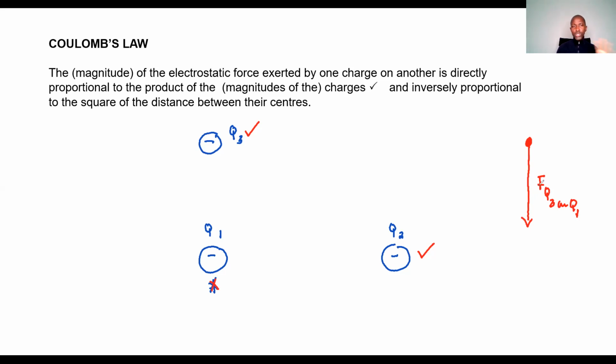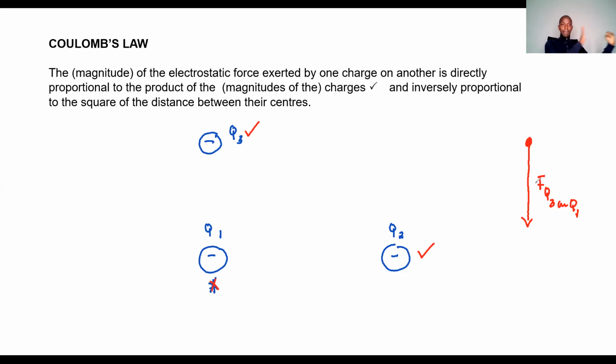But the forces don't only stop with what Q3 does to Q1. There's also the force that Q2 is exerting on Q1. That force is repulsive. Both charges are like charges. So let's look at this. This is Q1, and this is Q2. So what is Q2 doing to Q1?